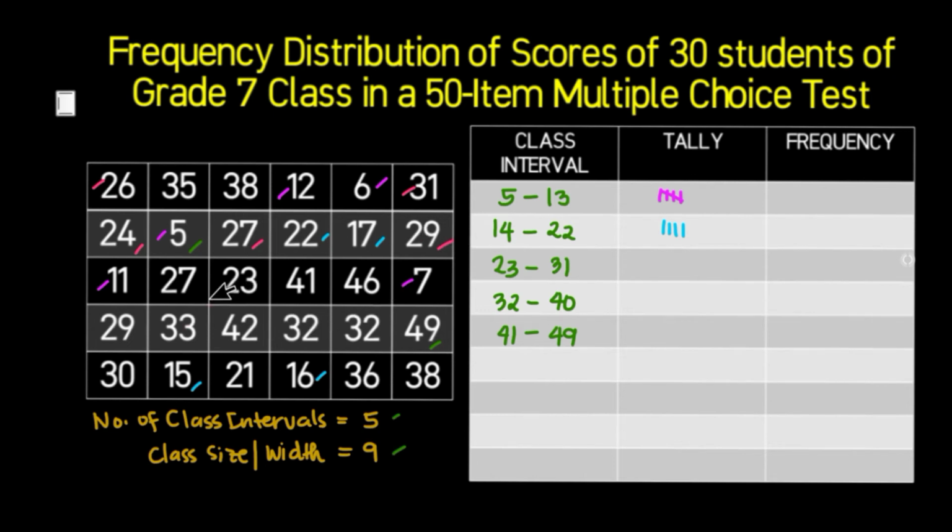And then, sa third row, 27, 23, 29 sa fourth row, 30 sa fifth row, wala na. So, bilangin natin yung mga red. 1, 2, 3, 4, 5, 6, 7, 8, 9. So, meron pong 9.